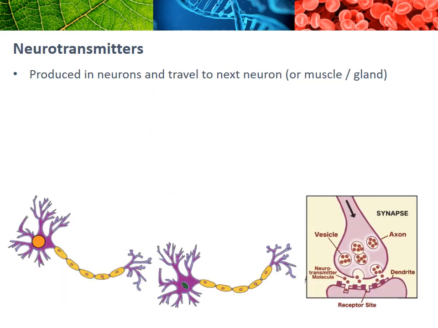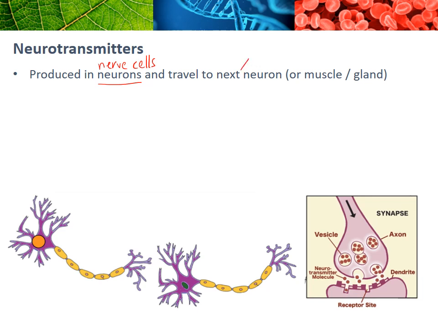The third type of signaling molecule are neurotransmitters. You might remember hearing about these in Year 9 science when you looked at how nerves communicate, or if you're doing psychology, you'd probably know quite a lot about these. These are signaling molecules that are produced in neurons, so nerve cells, and they travel to the nerve cell or the neuron next to it.